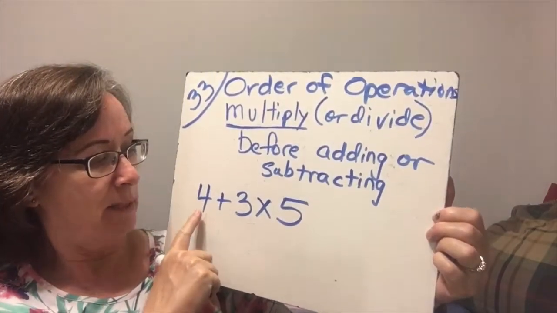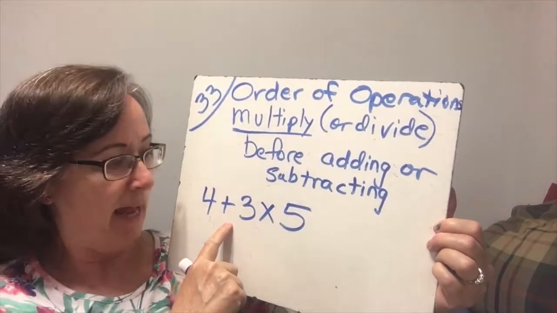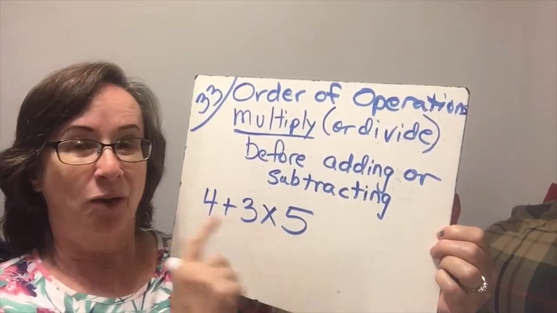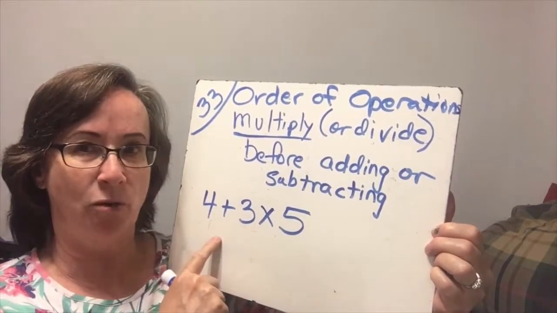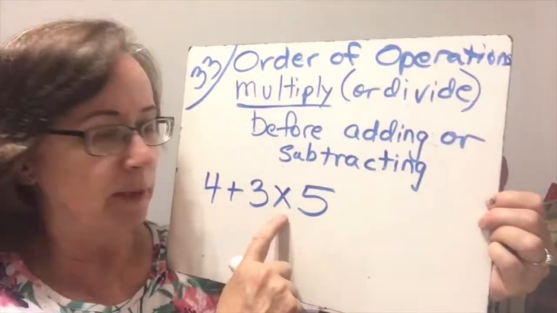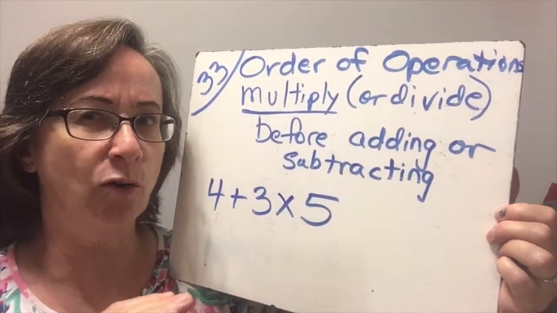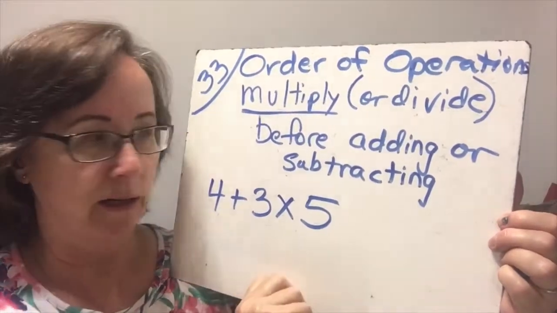So on this one, as we move left to right, we see an addition problem. And then we see a multiplication. We're always going to do the multiplication before the addition. You can think of the multiplication as being a higher ranking priority than the addition, okay?